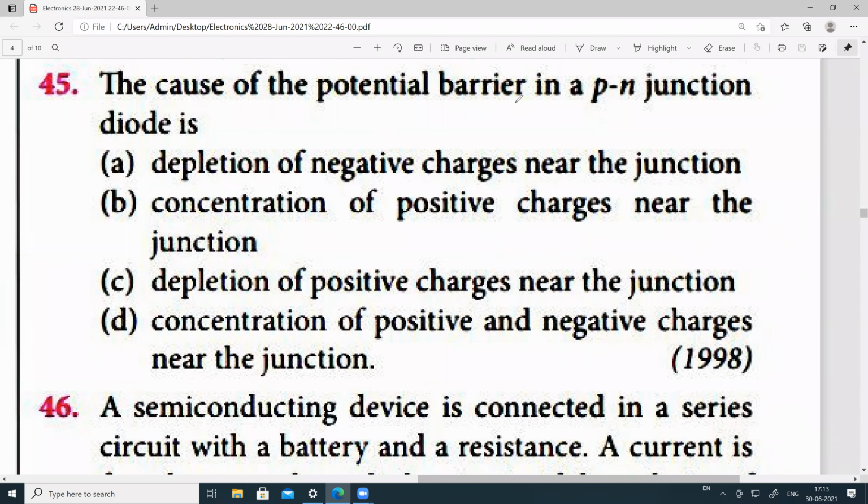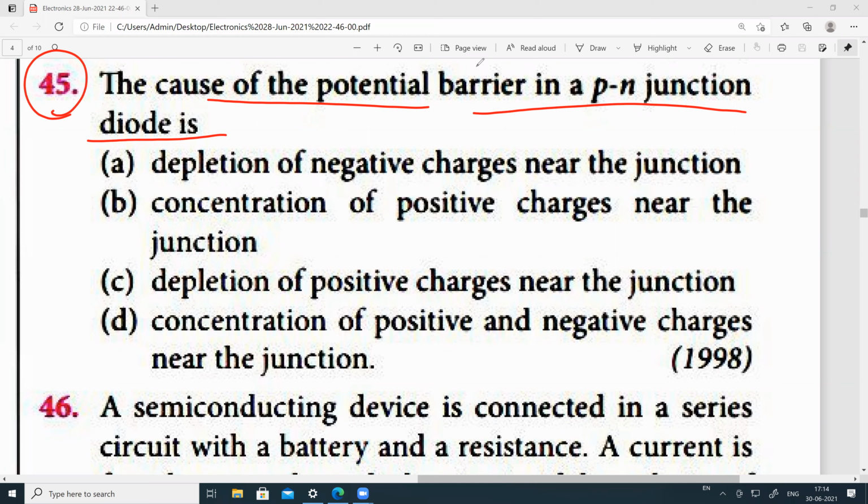For 45th one, the cause of potential barrier in the PN junction diode is: first, depletion of negative charge near the junction; second, concentration of positive charges near the junction; third, depletion of positive charges near the junction; fourth, concentration of positive and negative charges near the junction. When we observe all the four options, the right answer is concentration of positive and negative charges near the junction.